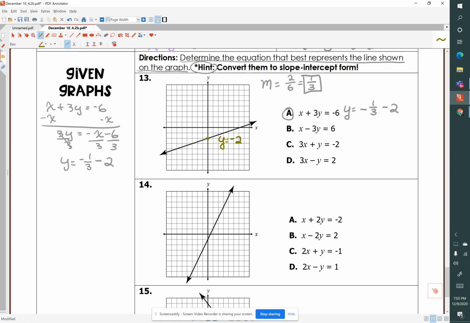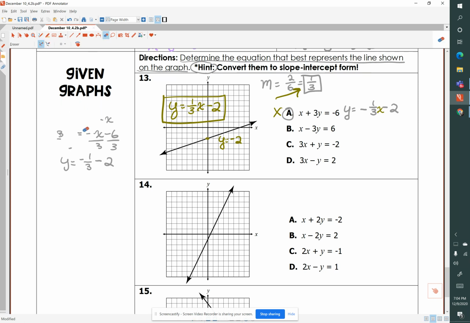So we need an equation of y equals 1/3 x minus 2. This is the equation we need to find. And here we have negative 1/3 x minus 2. So this is not our equation.